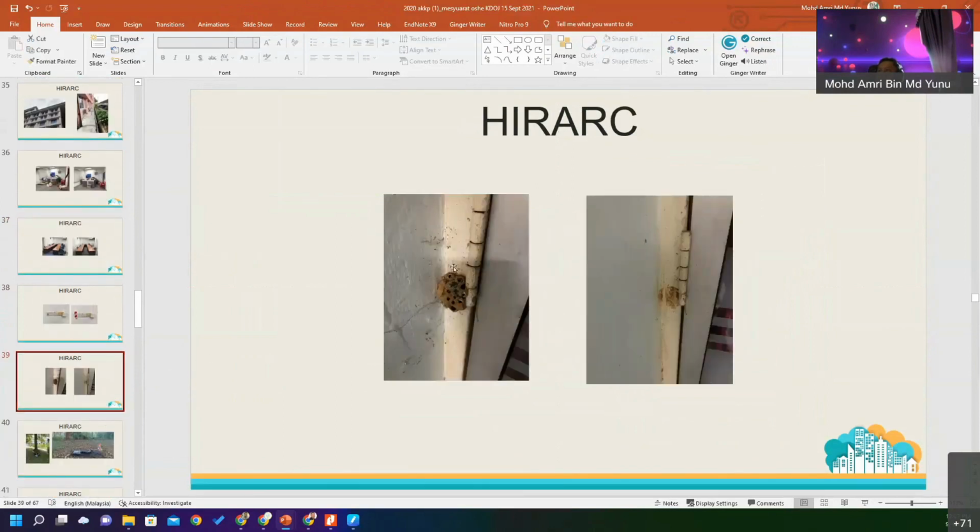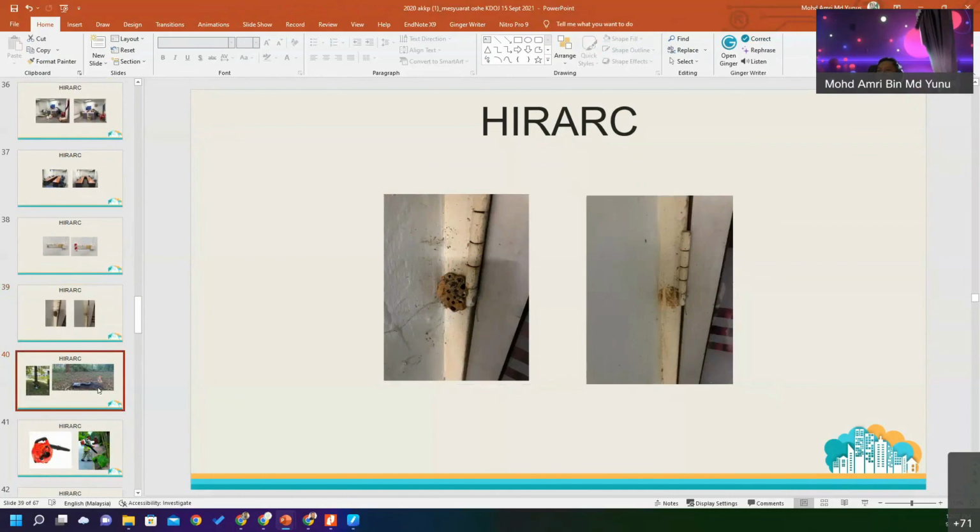This may not be severe, but it is good practice to identify. This is maybe wasps, or not wasps, but something that makes a mud house, a flying insect, and then we quickly remove it. That's a bad monkey.